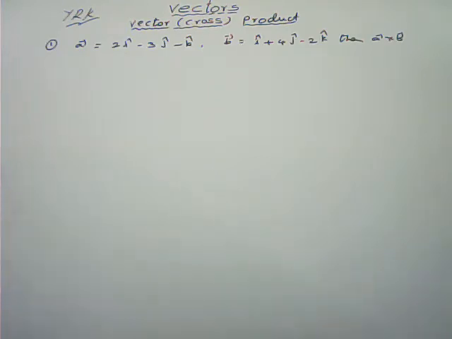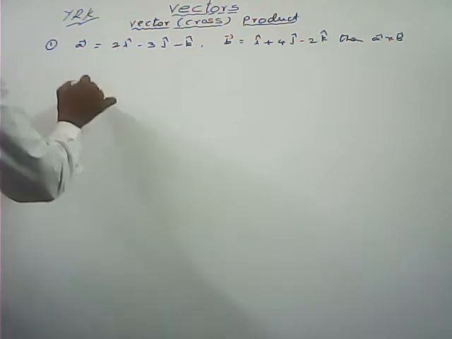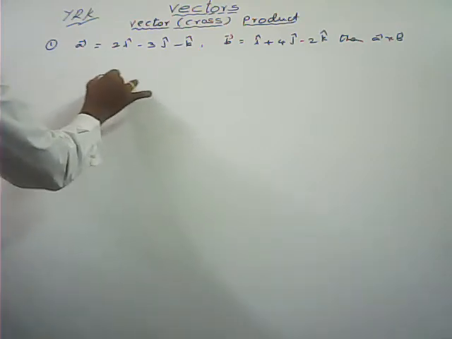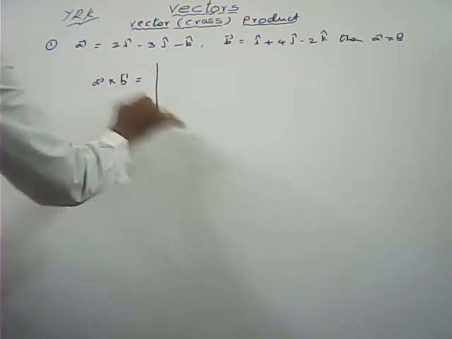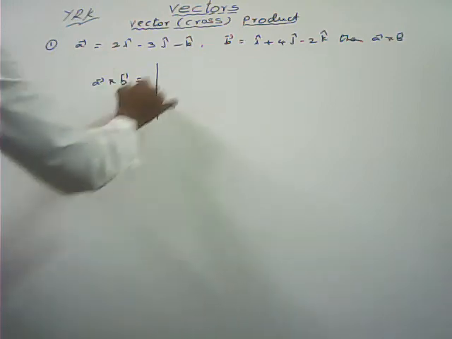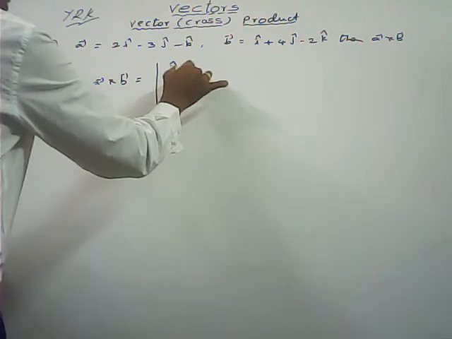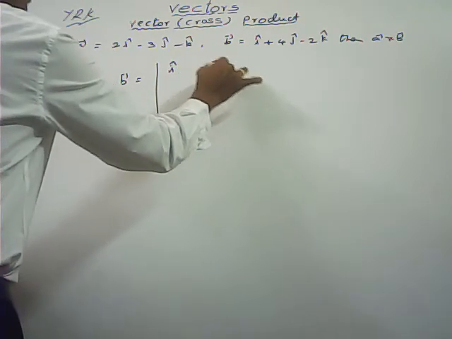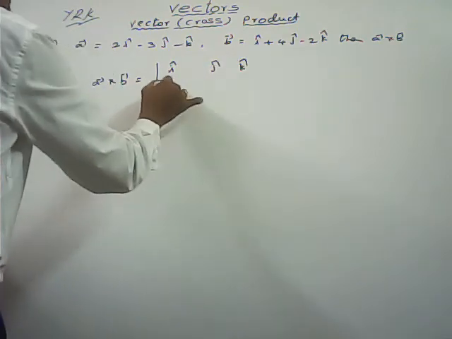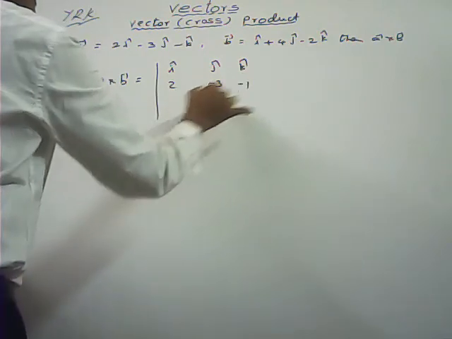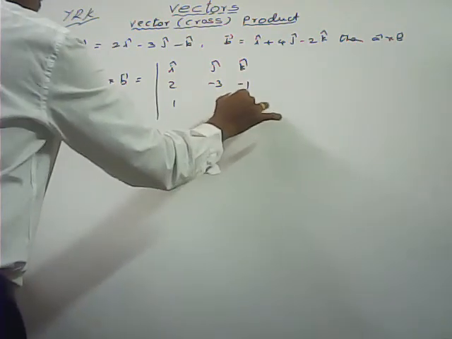See here, A bar, B bar, two vectors are given. Here they are asking A bar cross B bar, here determinant method, that is better. Determinant of, here we can write the unit vectors i cap, j cap, k cap, 2, -3, -1, 1, 4, -2.